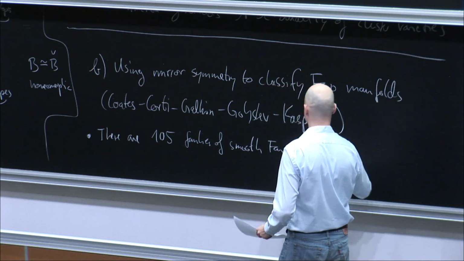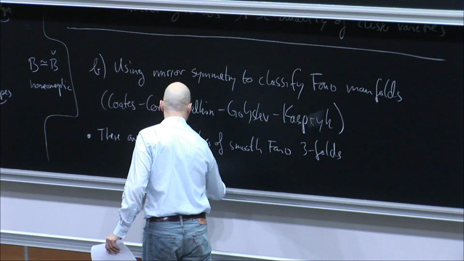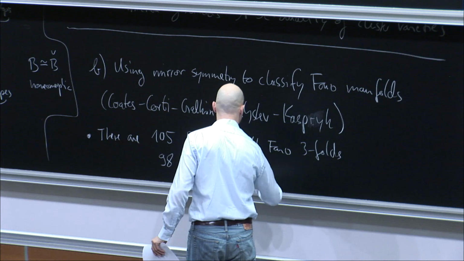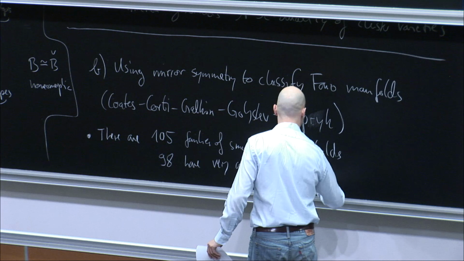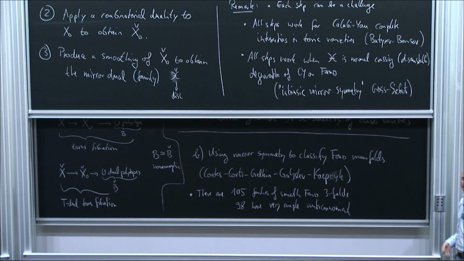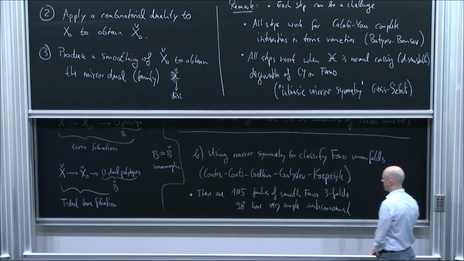Okay, so that's known, and 98 of them have very ample anticanonical divisor. So Fano is defined by having an ample anticanonical and sometimes very ample. In most cases, in fact, here it is. So that much is known.